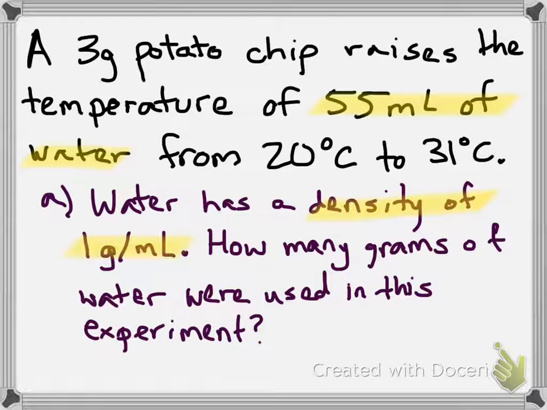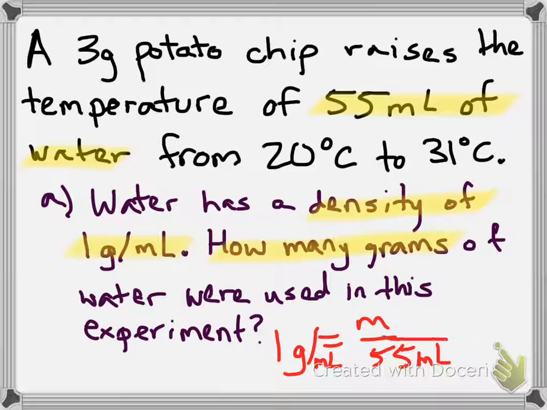The question is, how many grams of water were used in this experiment? We know that density equals mass over volume. Our density is 1 gram per milliliter, which equals mass, which is our question, divided by volume. And we know our volume is 55 milliliters.